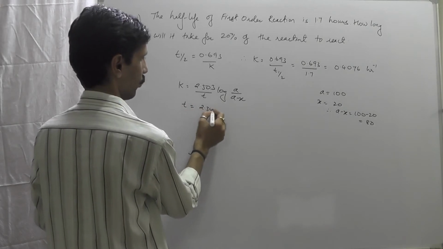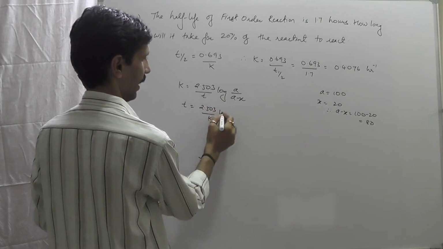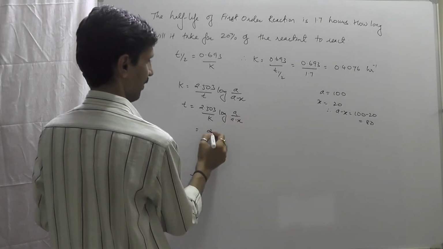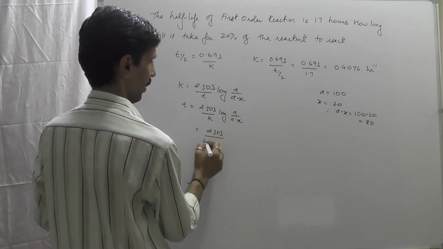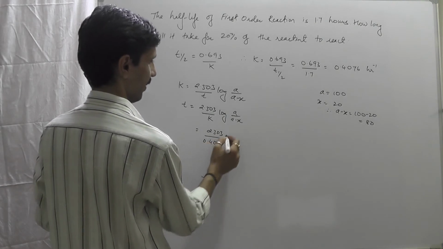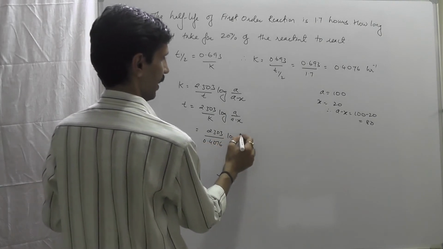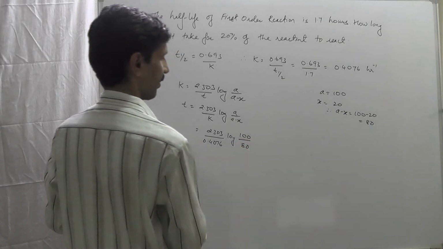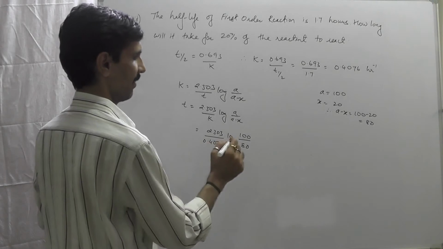t is equal to 2.303 upon k into log of a upon a minus x. So that is equal to 2.303 upon 0.4076 into log of a, which is 100, the initial concentration, divided by the concentration which is remaining, and remaining is 80.